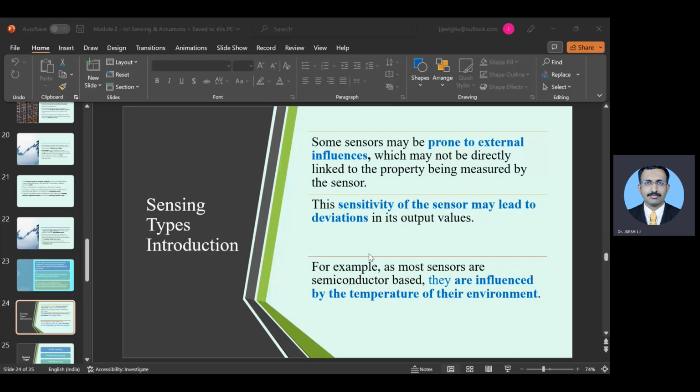For example, if the sensors are made of semiconductor devices, when the temperature or any other parameter is too high, it will change the property. So indirectly, it will affect the sensing ability, and finally the output value of the sensing.